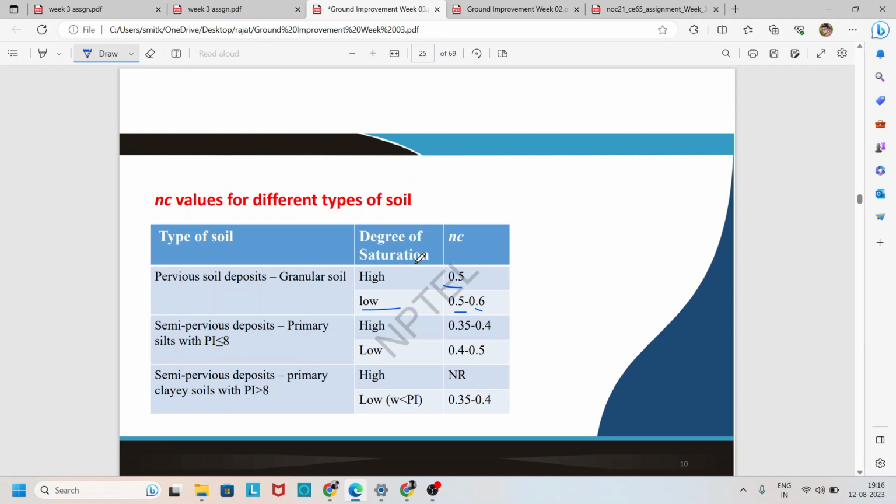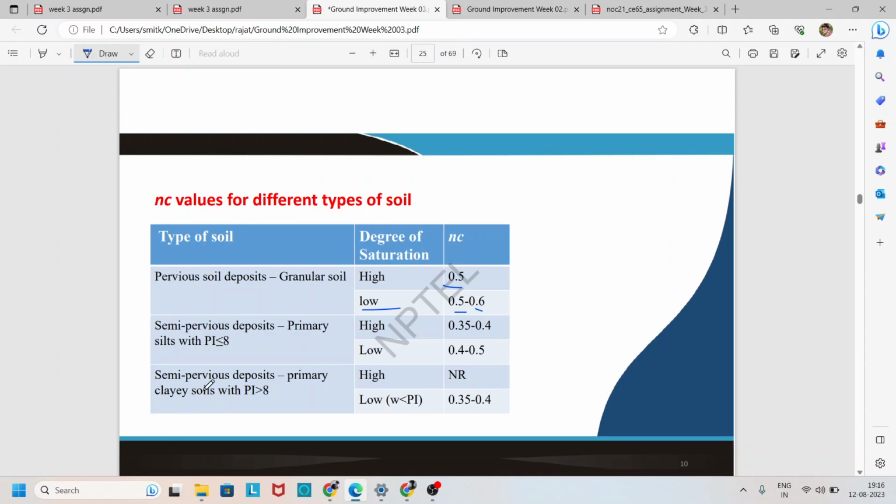So we clearly see that when the saturation is high, the NC value is less, and when the saturation is less, the NC value is high. Similarly, in semi-pervious deposits, when the plasticity index is less than or equal to 8, for high degree of saturation it ranges from 0.35 to 0.4, and for low it is 0.4 to 0.5.